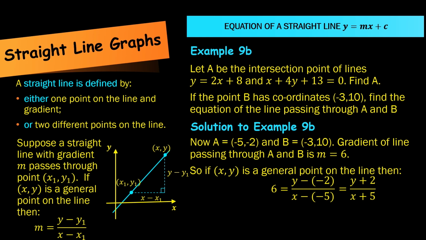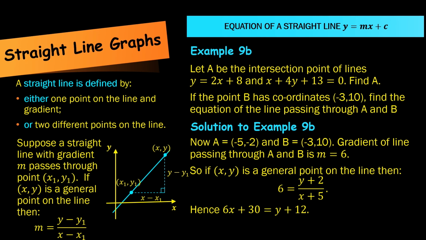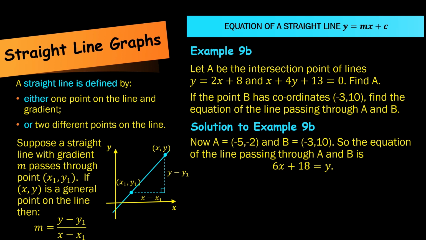And therefore, 6x plus 30 equals y plus 2. And tidying up some more gives 6x plus 28 equals y. So the equation of the line passing through A and B is 6x plus 28 equals y.